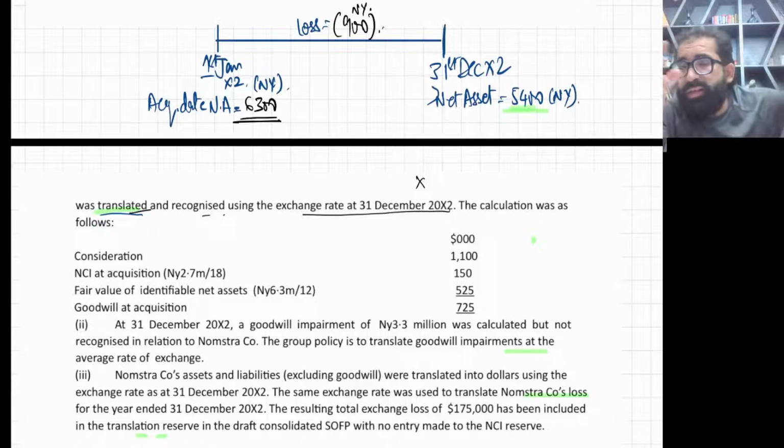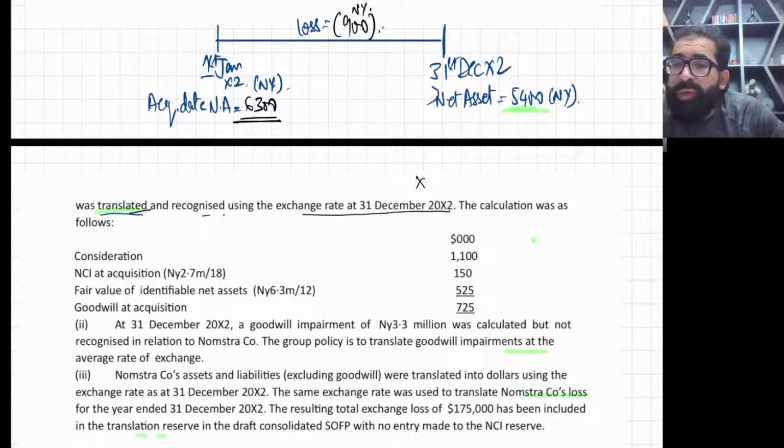So you get goodwill at acquisition date, and then you transfer it to the year end, and then you calculate the foreign exchange gain or loss on goodwill. That's a separate step. But at the acquisition date, we use the acquisition date rate.